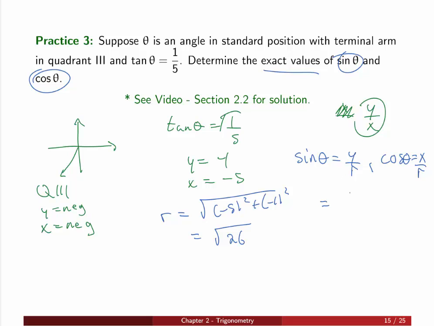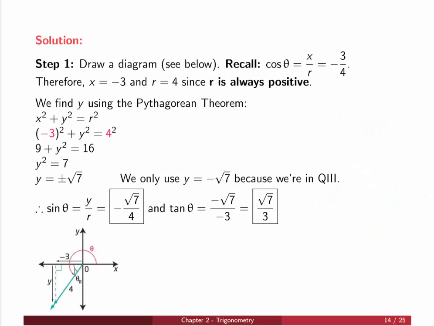Now we actually have the solution. For sine, y over r, the exact value will be negative 1 over root 26. And the exact value for cosine, x over r, will of course be negative 5 over root 26. Expect awkward answers depending on what you get for y, r, or x, but trust your instincts and you should be fine.